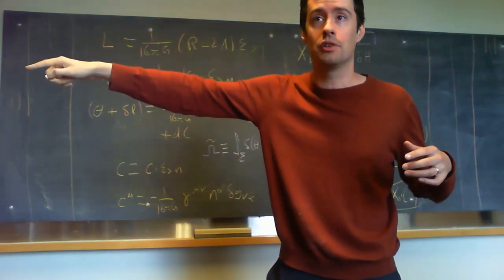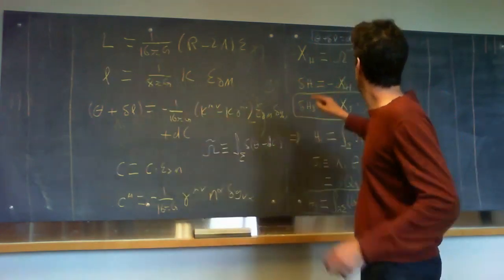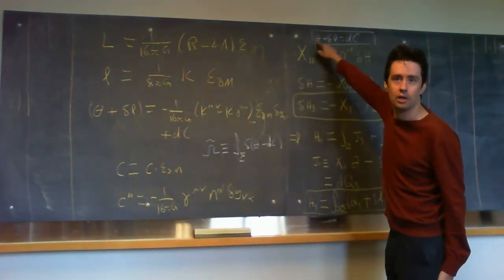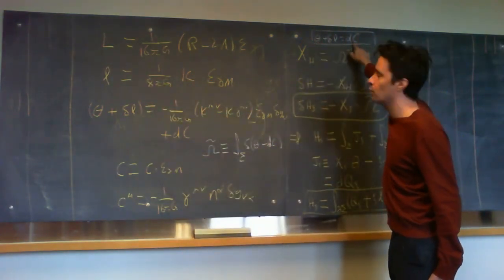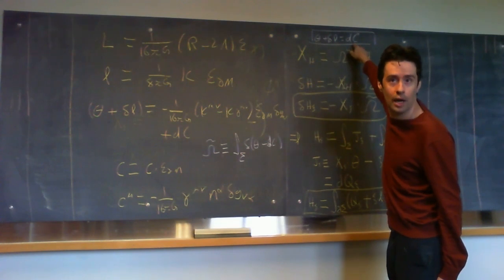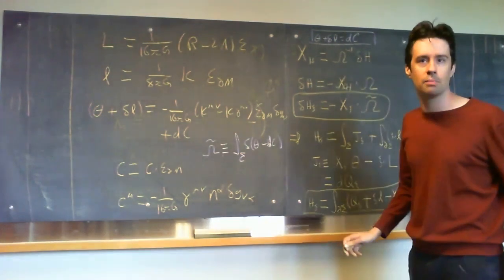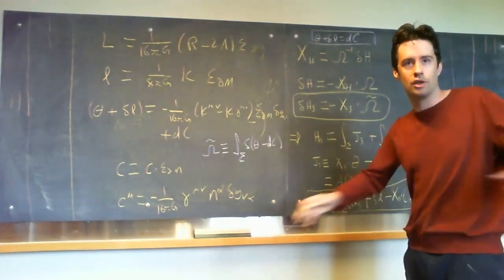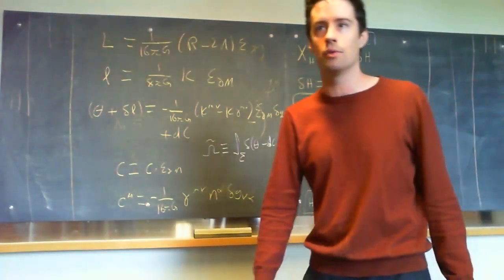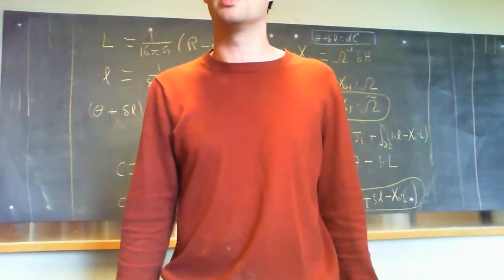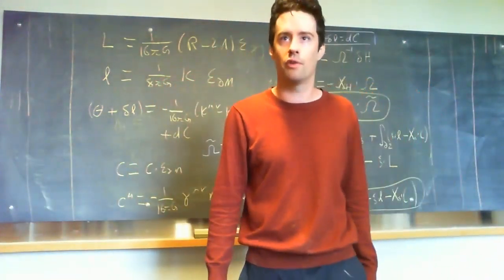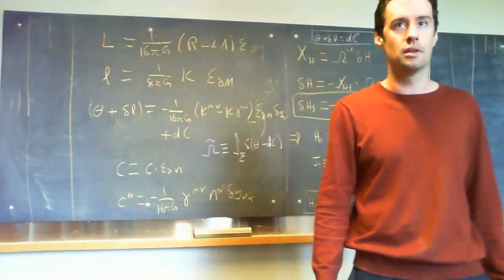So you're still allowed to do that. You're also still allowed to shift theta by a total derivative and then absorb that into C, okay? But all the formulas that count here, like for the pre-symplectic form or for the Hamiltonian, are going to be invariant under whether or not you do that. So they're not ambiguities. The Hamiltonian and the symplectic form are completely unambiguous.